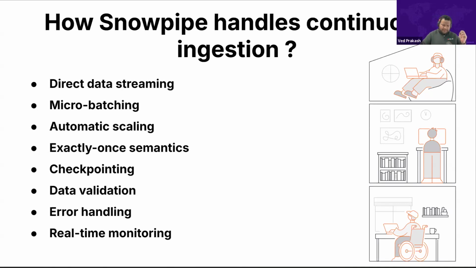This will help you get a notification on Slack or something, if you have integrated your notification mechanism. This approach allows Snowpipe streaming to have a low latency, high throughput data ingestion process, while ensuring data integrity and fault tolerance are maintained.